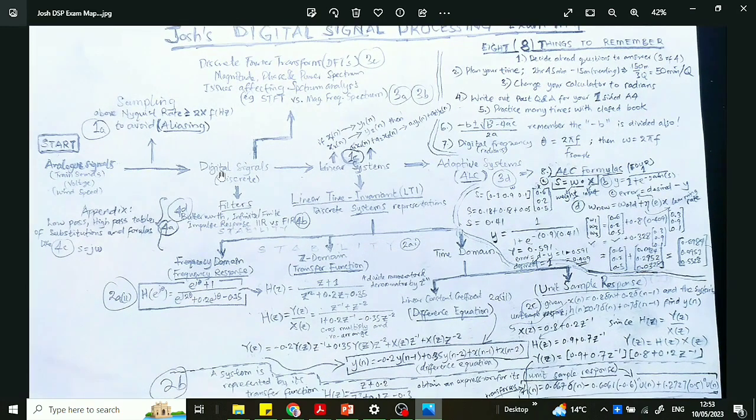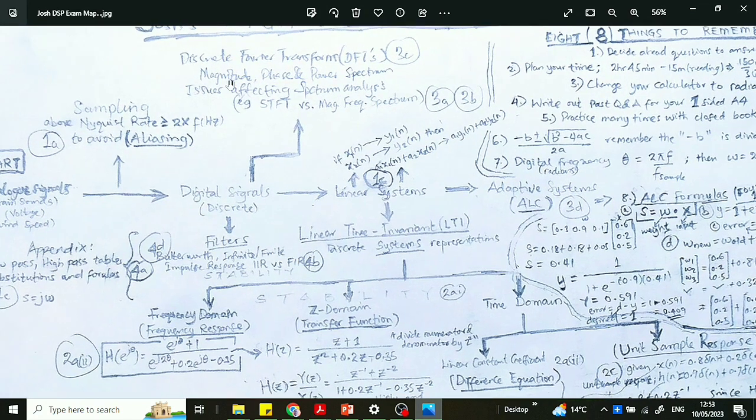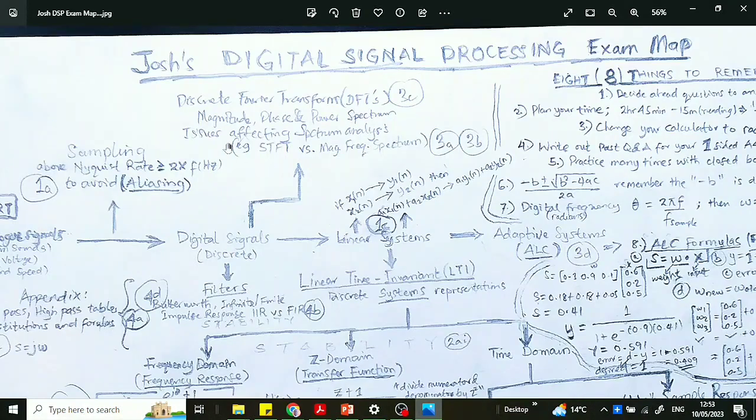3a. Now we can go to digital signals. Talking about digital signals, there are discrete Fourier transforms, that's DFTs. You have magnitude and phase, power spectrum, and issues affecting spectrum analysis, like short-term Fourier transforms versus magnitude frequency spectrum.